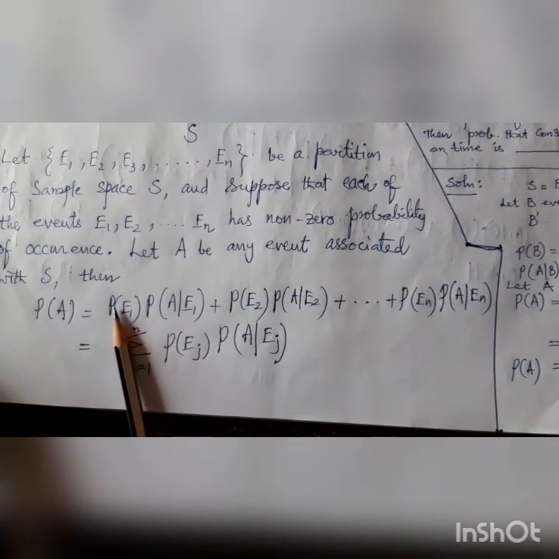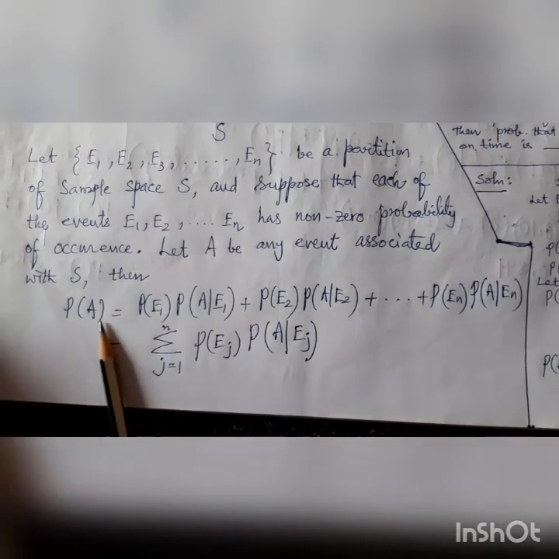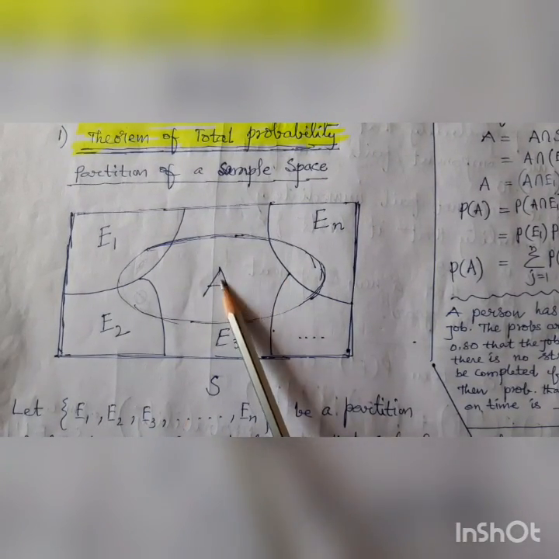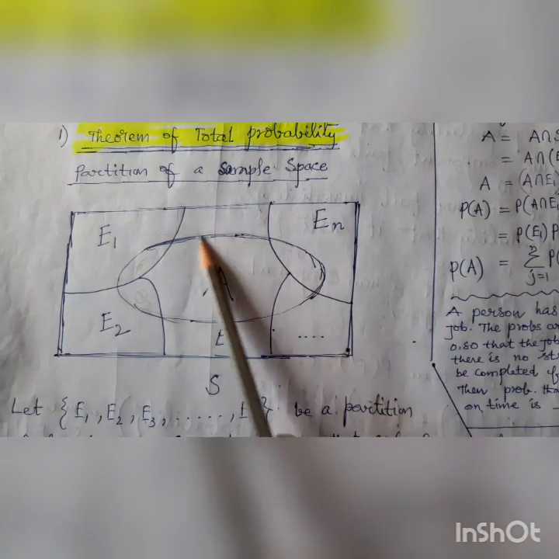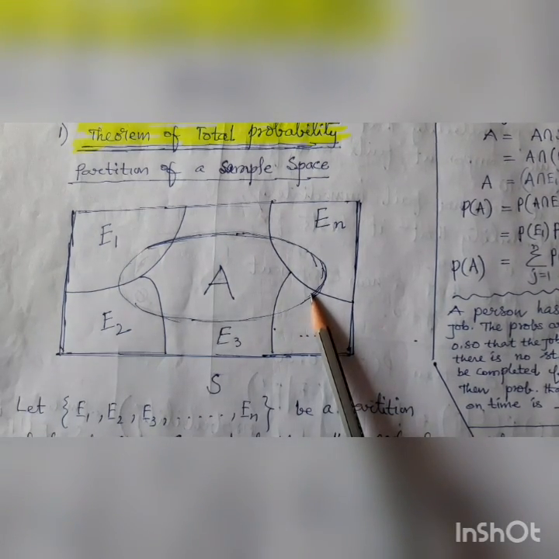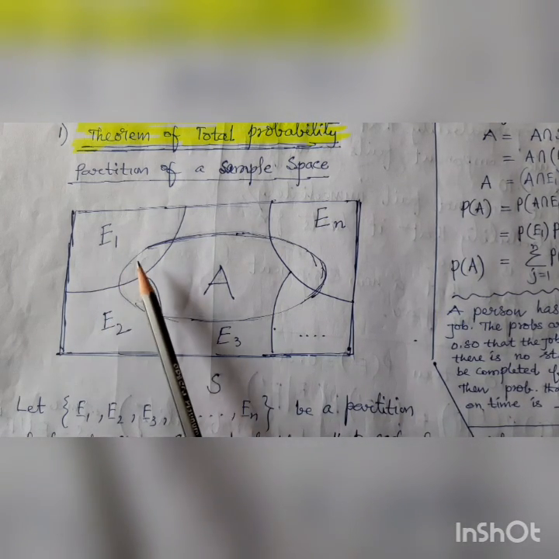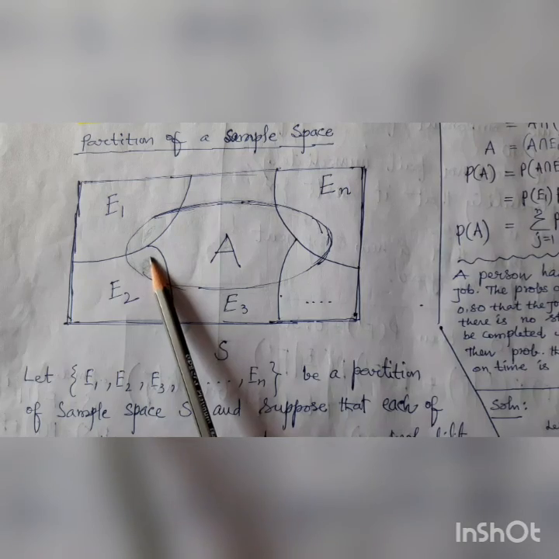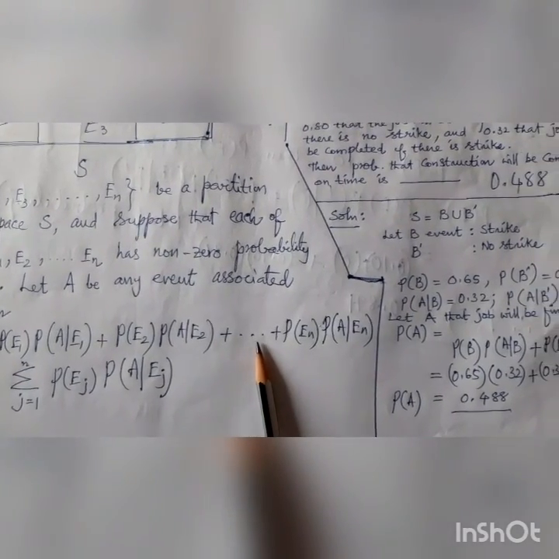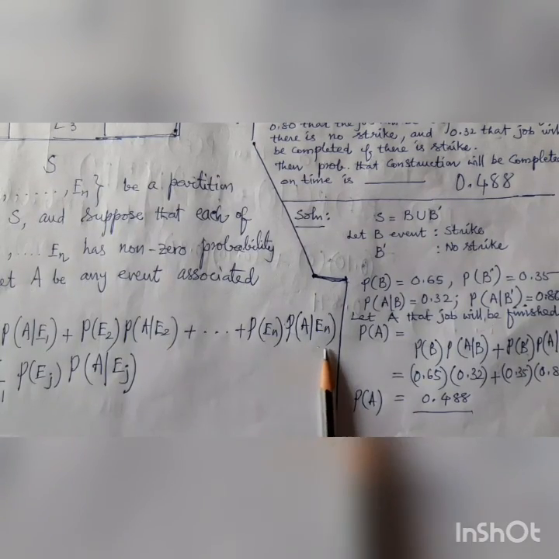The total, this is total probability, which is nothing but P of A. P of A means the probability of this event can be taken as P of E1 into P of A on E1, P of E2 into P of A on E2, like that, P of E3, P of A on E3, so on P of En, P of A on En. Totally, this will give you P of A.